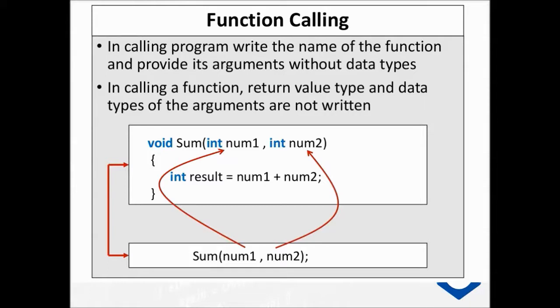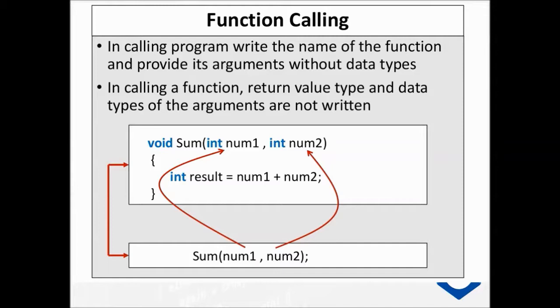In this example, we write a function void sum(int number 1, int number 2), then we add these int number 1 and number 2 and store their result into a result variable. And in our main program we call this function as sum(number 1, number 2).